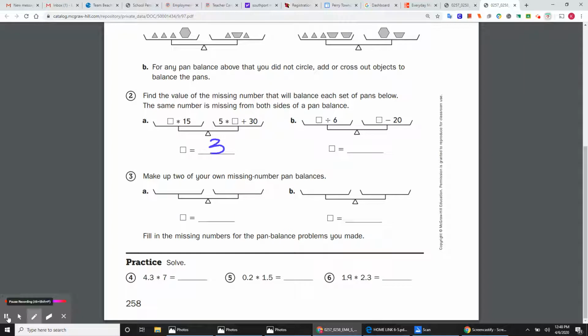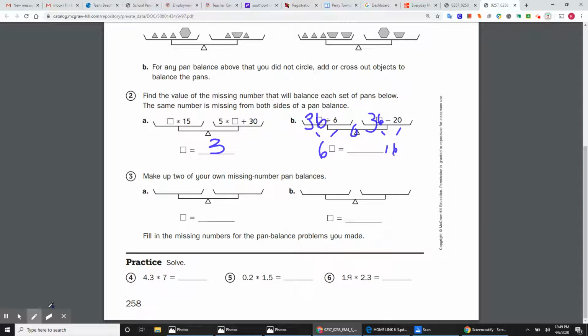For letter B, it's a square divided by 6 is balanced or equal to this right side of a square minus 20. So let's think of factors of 6 and try those. So let's try 36. 36 divided by 6 is going to equal 6. 36 minus 20 equals 16.